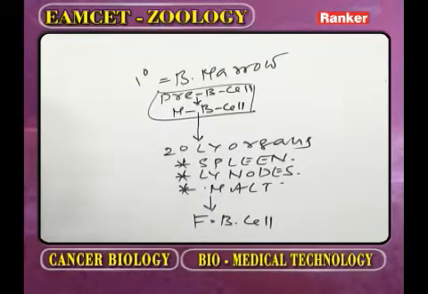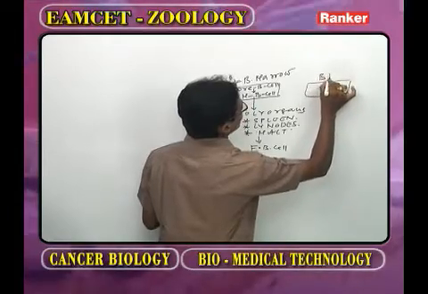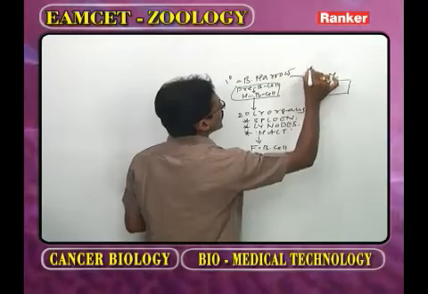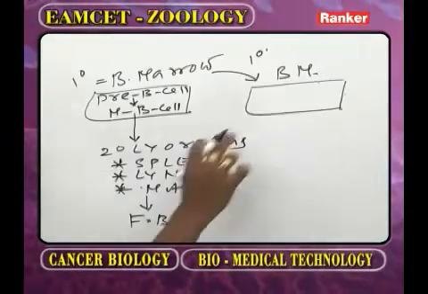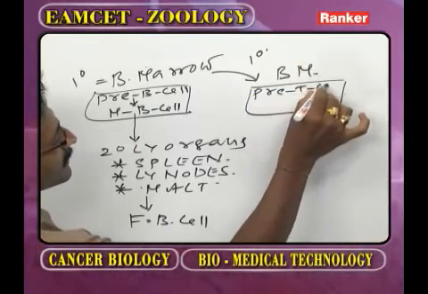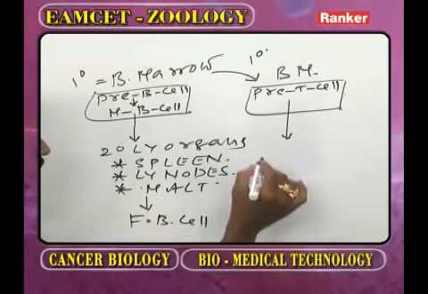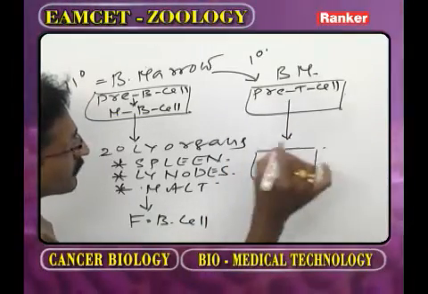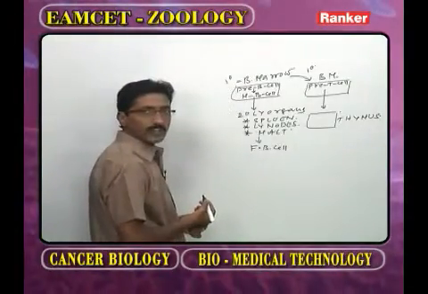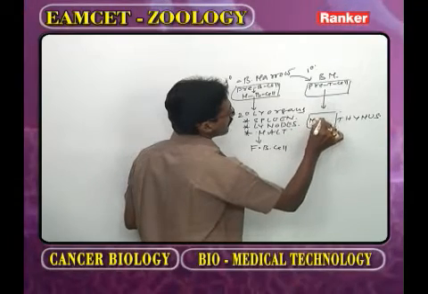Now go for the T cell. This is the bone marrow, an example of a primary lymphoid organ, as we know very well. In the bone marrow, first of all, the pre-T cell develops. Now this pre-T cell enters into the thymus, a type of endocrine gland. In the thymus, the pre-T cell becomes the mature T cell.